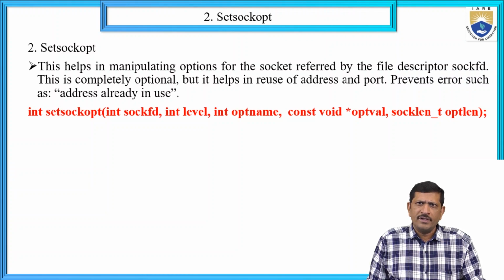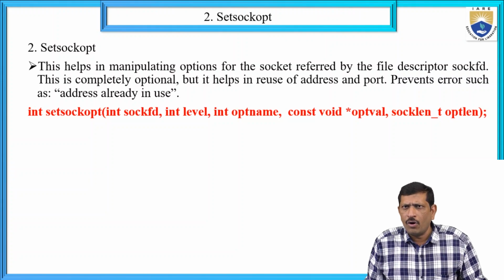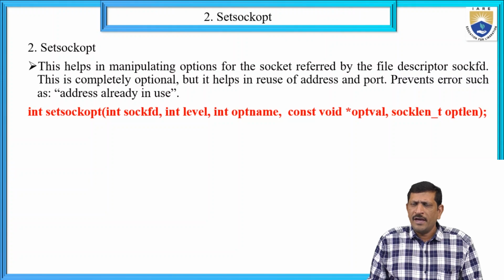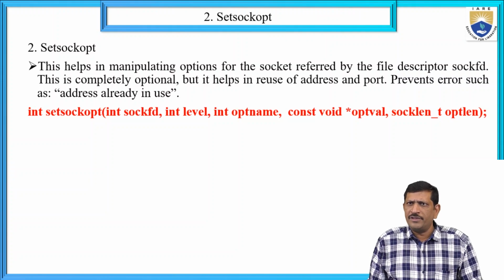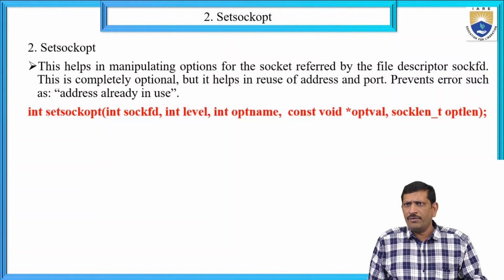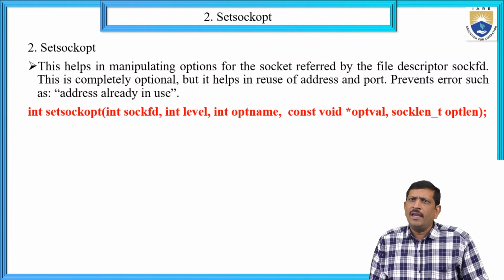So the code for setting the socket option is int setsockopt(int sockfd, int level, int optname, const void *optval, socklen_t optlen). Here sockfd is the socket file descriptor, optval is a pointer which refers to the address of the data we are communicating, and optlen refers to the length of the socket option value.